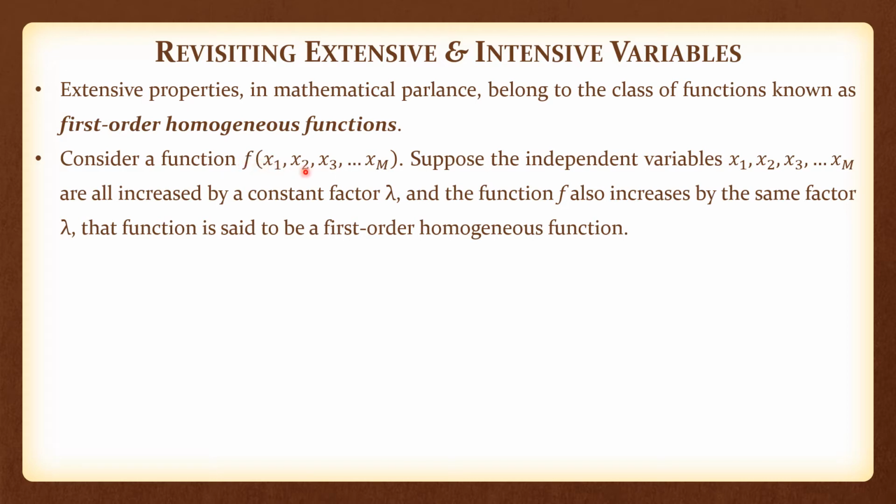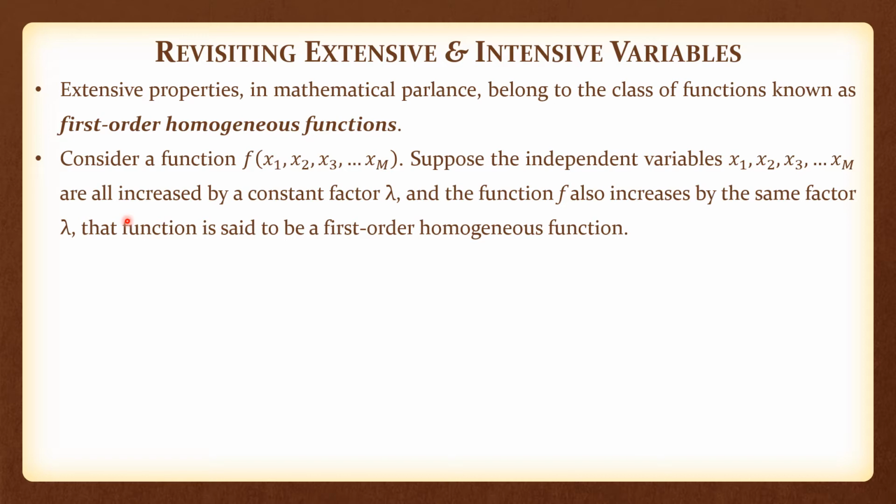Let's consider a function f of multiple independent variables, x1, x2, x3, and so on up to xn. Suppose all the independent variables are increased by a constant factor lambda. Then for a homogeneous function of the first order, the function f also increases by the same factor lambda.